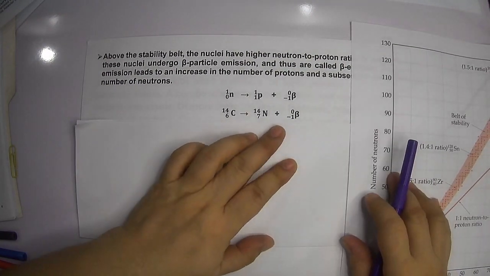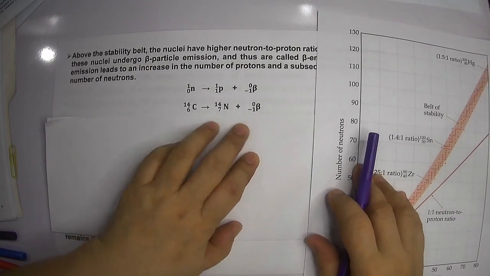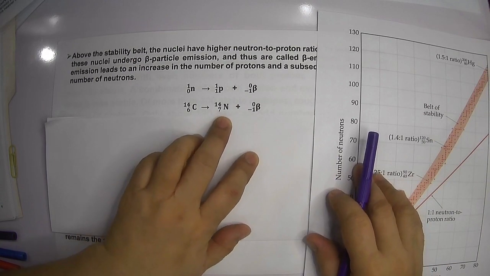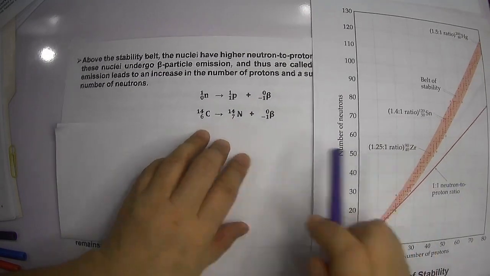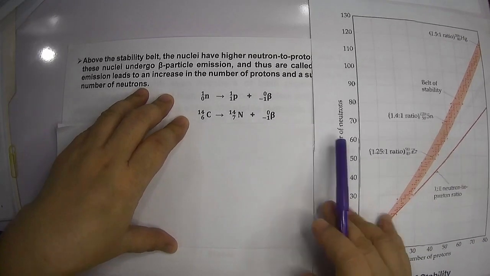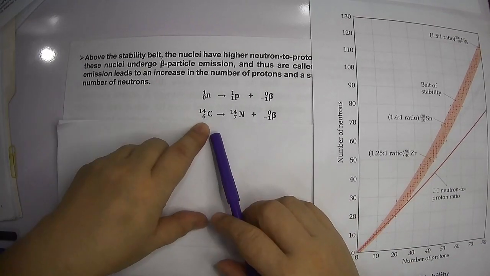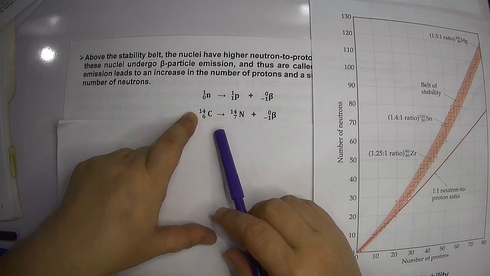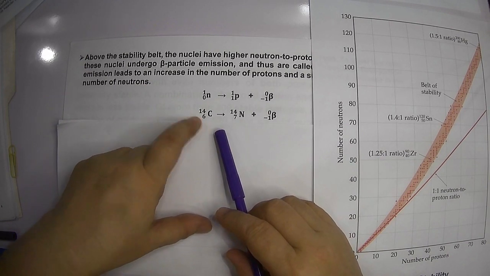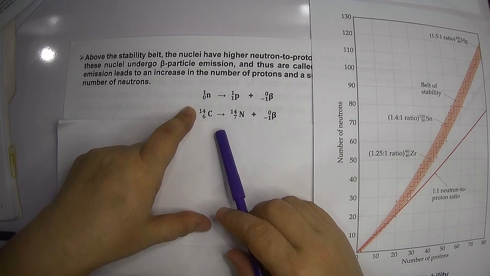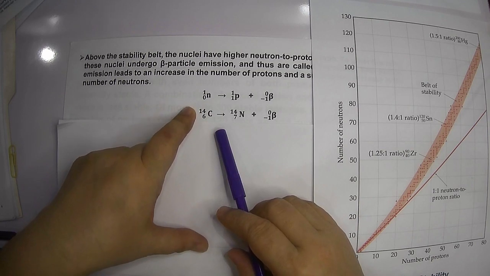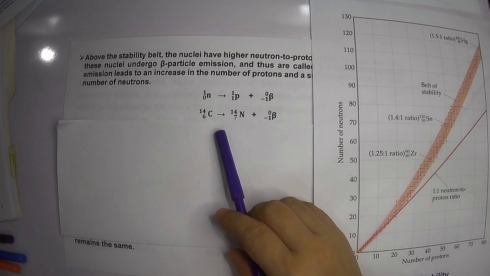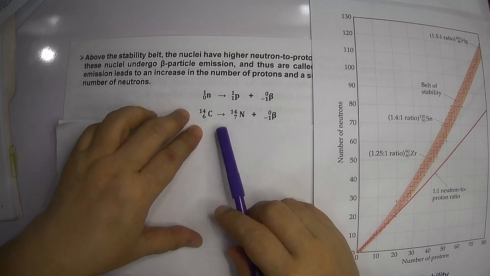emitting a beta particle to become nitrogen-14. Here, carbon has atomic number 6, that is, 6 protons. 14 minus 6 is 8, so there are 8 neutrons. The ratio of 8 to 6 gives 1.33, which is greater than 1.